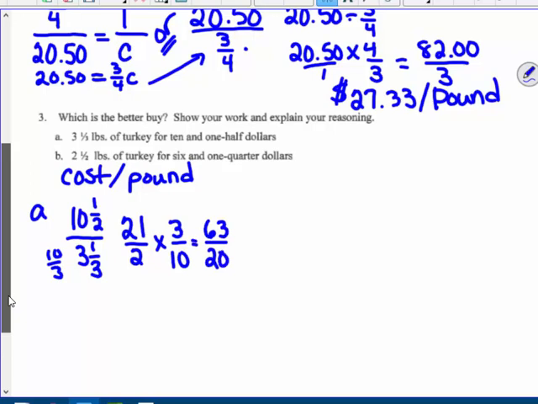And if I divide that, I get $3.15 per pound.